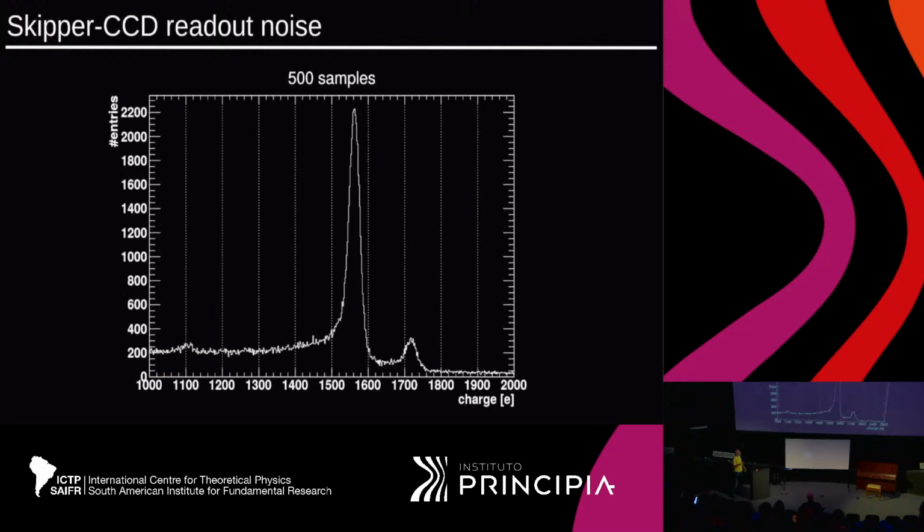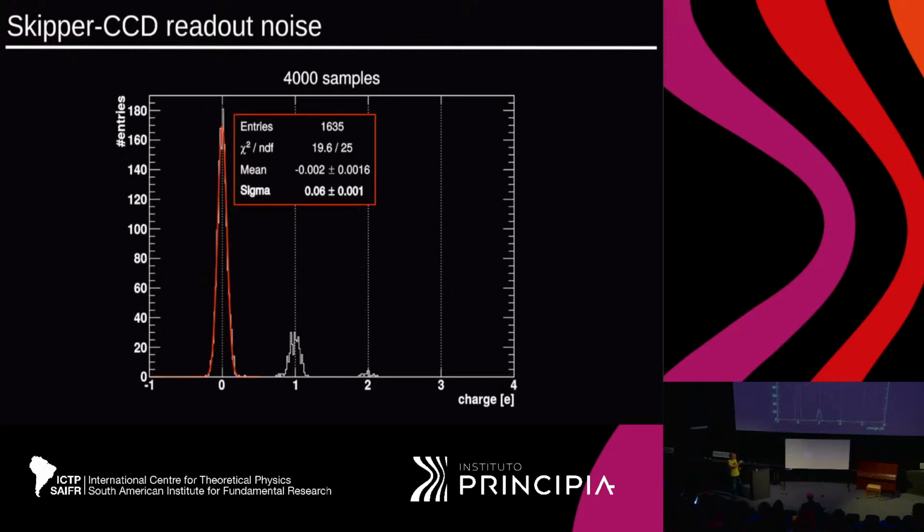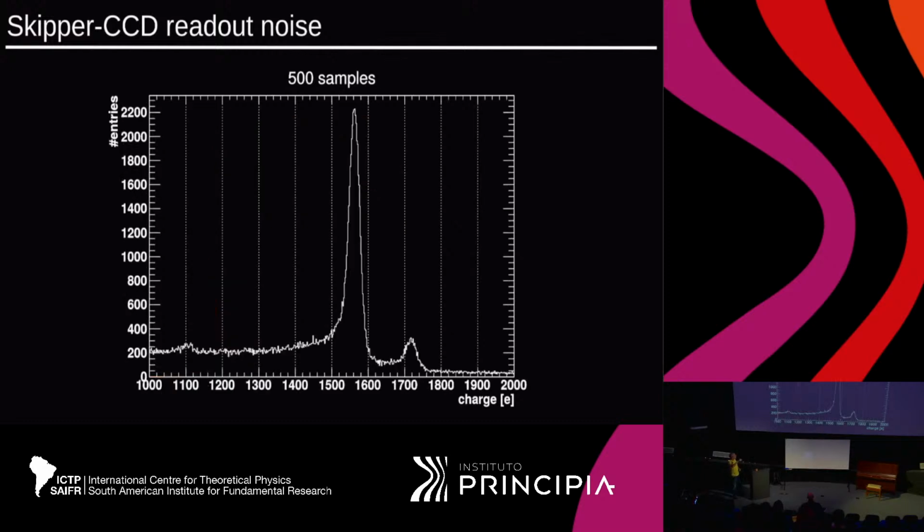And the other thing that is unique, as far as I know, to these detectors is that this resolution is independent of the amount of charge that you have in the pixel. So in the plot before, I showed you these peaks for a very low amount of charge, 0, 1, and so on. But you can also look at, for example, the spectrum produced by a radioactive source called iron 55.